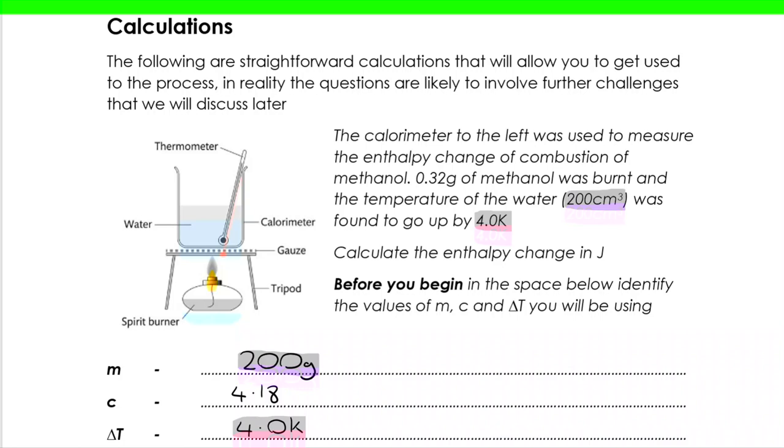But remember, it's the mass of surroundings. So we've got 200 cm cubed of water that this reaction is taking place in. We know that water has a density of 1 gram per centimetre cubed. So we do a straight swap. 200 cm cubed becomes 200 grams. Absolutely vital that you remember that to get to full marks on these calculations.